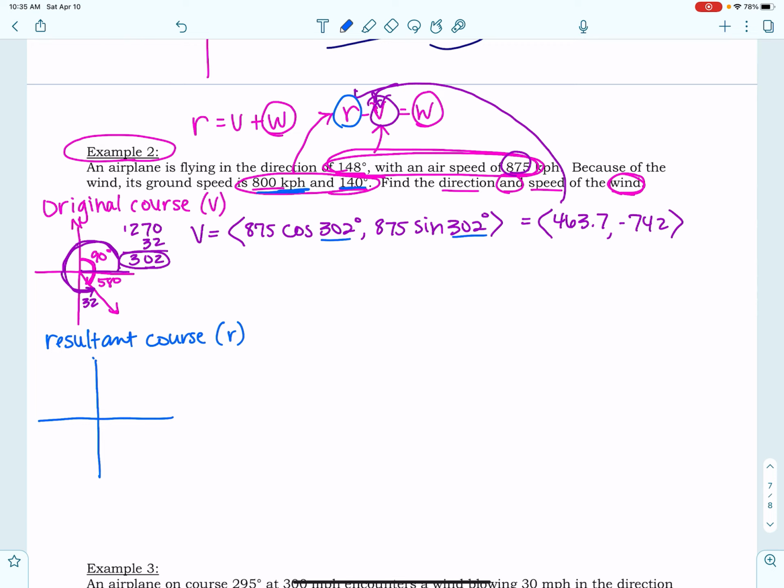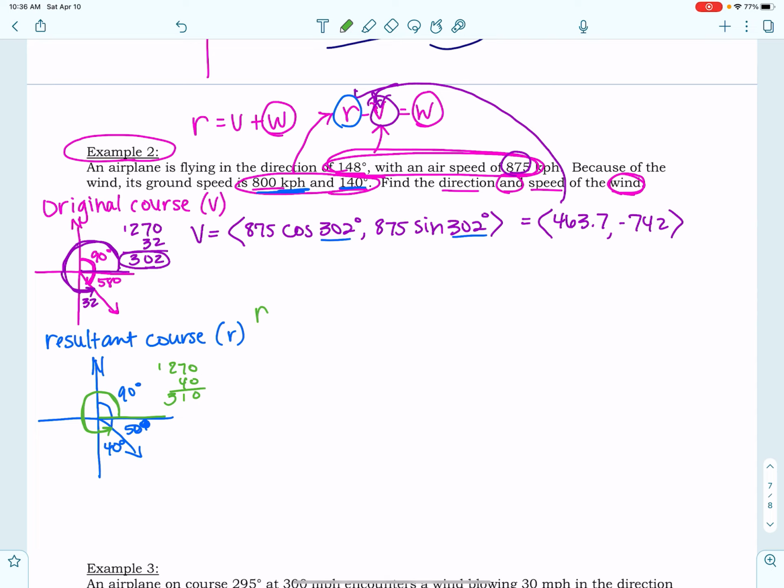The bearing now becomes 140. So again, this is 90 degrees, this is 50 degrees, and then that means this is 40 degrees. Changing color, my direction angle starts here and goes counterclockwise to the vector. So 3 quadrants, 270, plus the 40, and so that is 310 degrees.